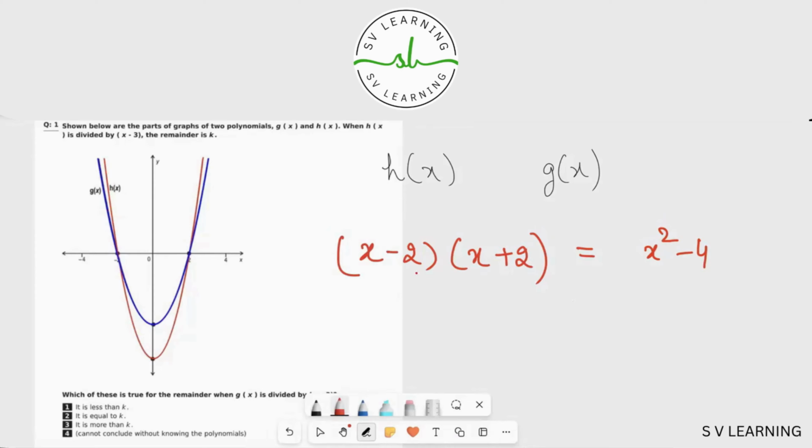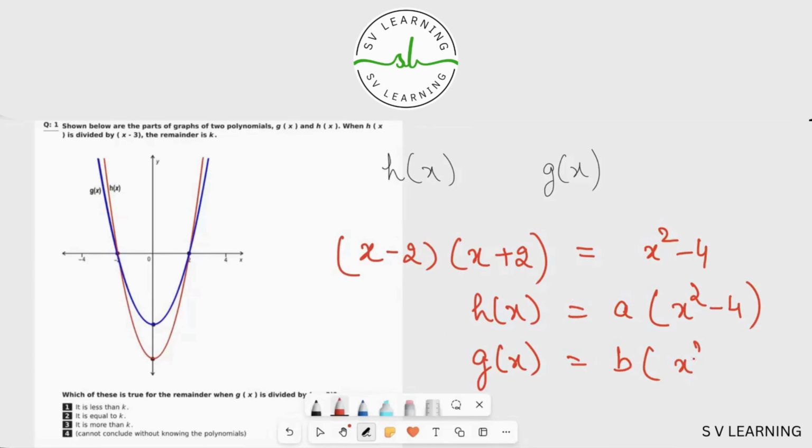So what we can say is that maybe the polynomial h(x) is a into (x square minus 4), and let's say g(x) is b into (x square minus 4), because this makes sense. Both the polynomials will have the same roots but different dip, because of these a and b coefficients which are getting multiplied ahead.